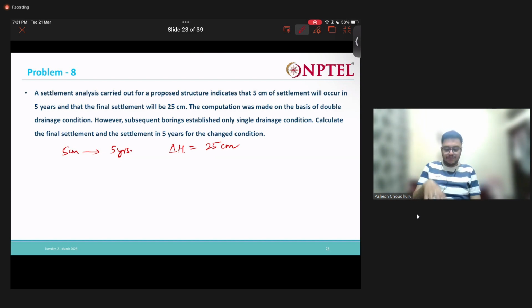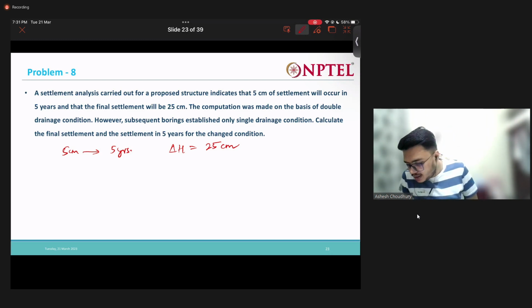So this calculation, 5 centimeter in 5 years, was actually done considering double drainage, but the actual condition in the field is single drainage, not double drainage. So how to calculate?